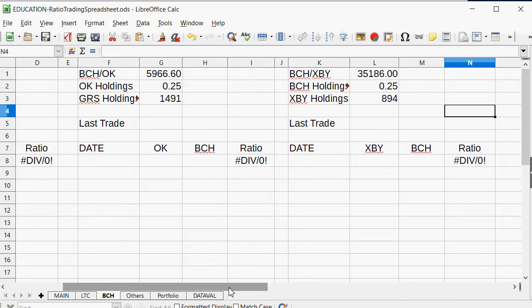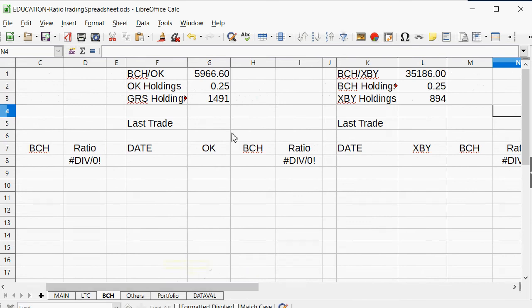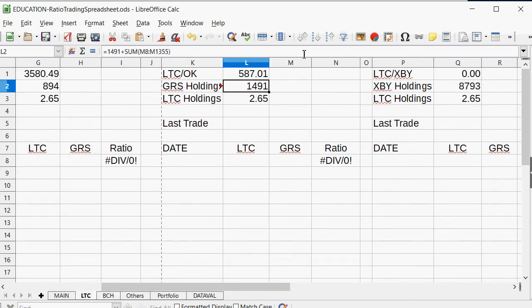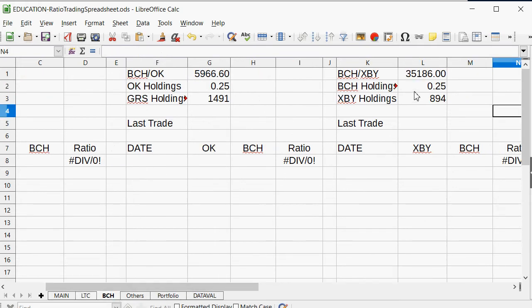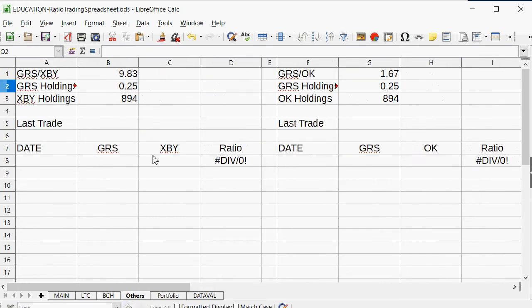I think I have to get these ones too as well, because we got GRS at 894. This is OK Cash 1491. Is that correct? Yep, and XBY is 8793. So 8793. Let me just write it in here.